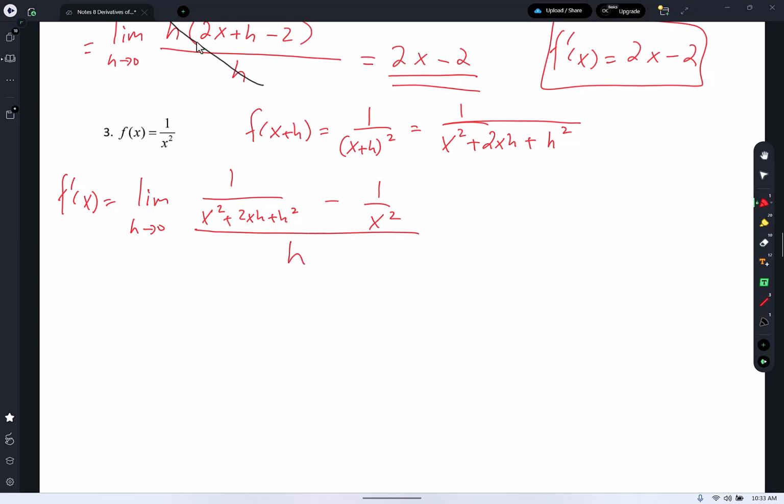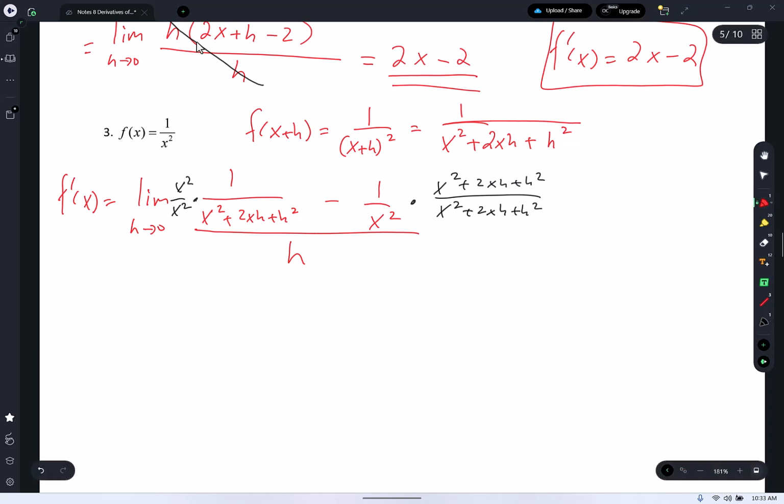Child, why are we using the same formula? We're doing the same thing over and over again. Common denominator. I'm going to multiply this one over here by x squared plus 2xh plus h squared over the same thing, x squared plus 2xh plus h squared. I'm going to multiply this one over here by x squared over x squared. And when I do that, here's what I have.